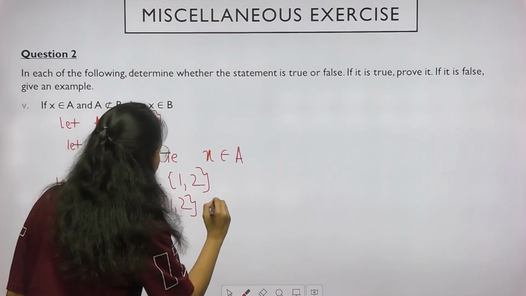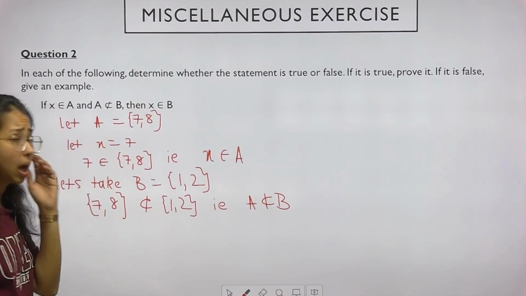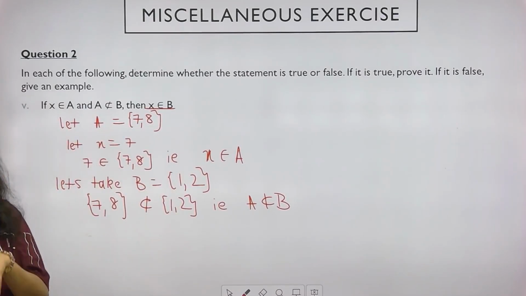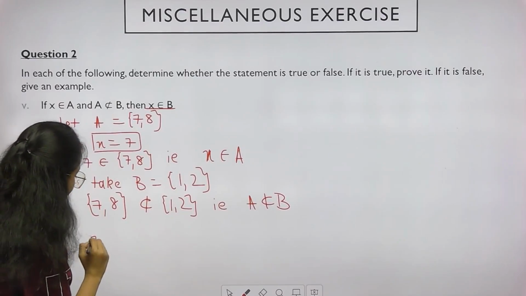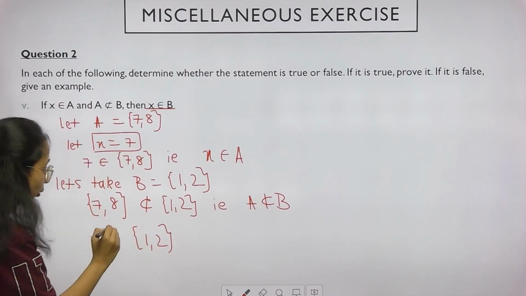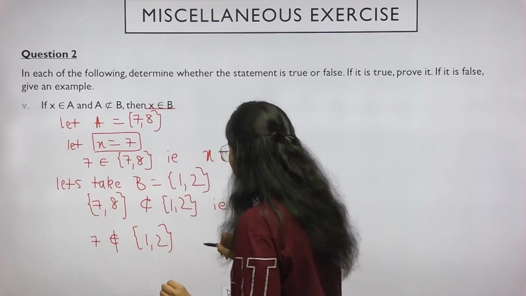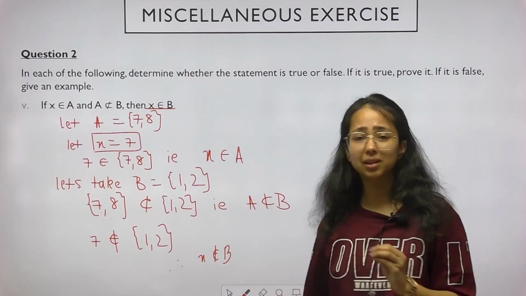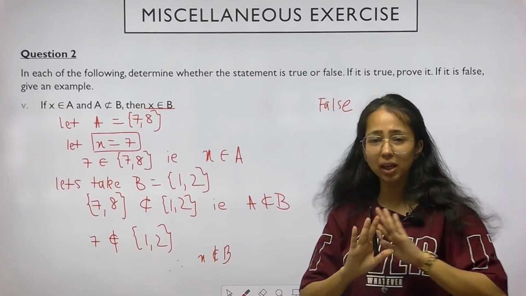That is, here also we can say that A is not a subset of B. But now let's check whether X belongs to B or not. So X is equal to 7. Let's check whether 7 belongs to {1, 2} or not. No, it does not belong to {1, 2}. So therefore we can say that X does not belong to set B. Hence this particular statement is obviously false.